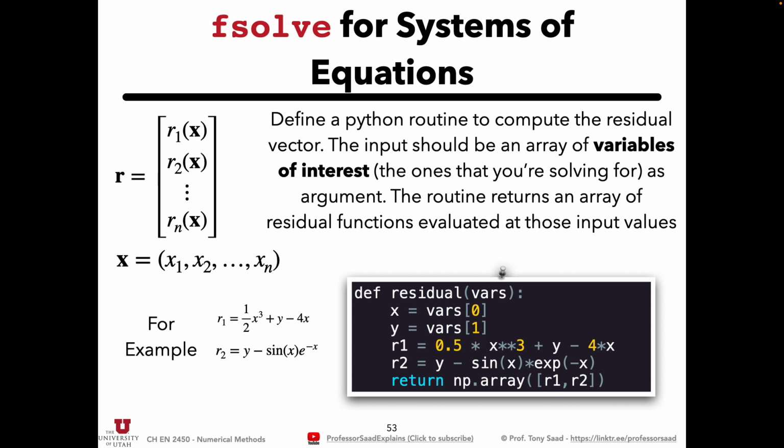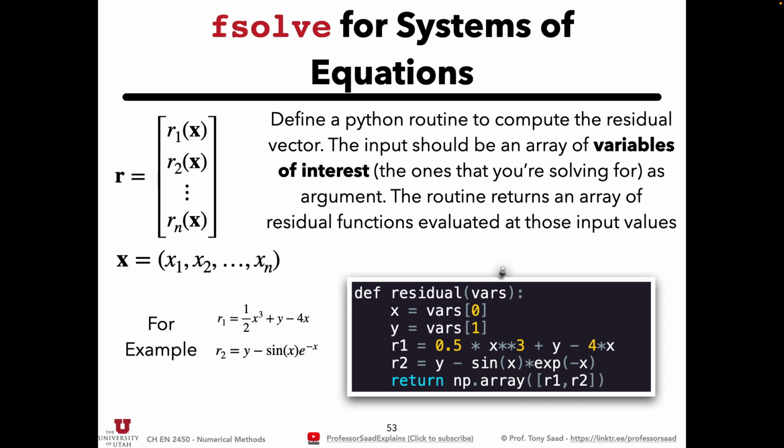And just the same way you did with the single nonlinear equation, you have to define a residual function, a residual routine. And in this case, you will assume that that residual routine returns an array of residual functions. You just put them on top of each other. And the argument that comes into the residual routine is also an array containing the variables in question that you want to solve for.